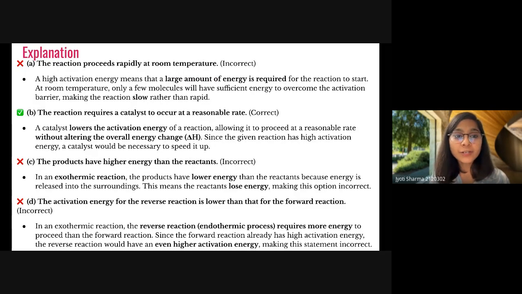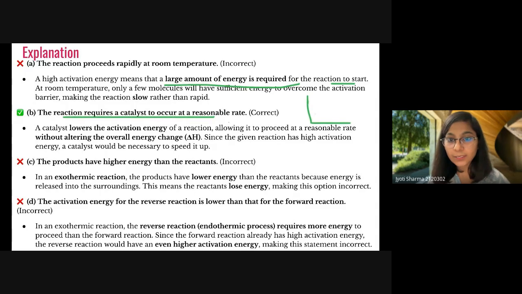So the reaction proceeds rapidly at room temperature. No, because we need a large amount of energy to start. So this is not the right answer. Then yes, we need a catalyst to occur at a reasonable rate, because this is the exothermic reaction, and if we have some catalyst, this will reduce the activation energy.